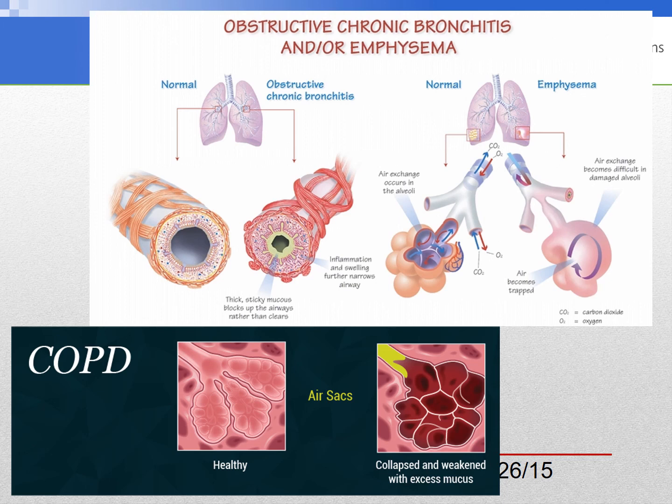This is the normal alveoli where air exchange occurs, and over here the damaged alveoli, where the air becomes trapped, making it difficult for the patient to breathe. Down here you've got healthy air sacs, whereas on this side you've got the collapsed and weakened air sacs with excess mucus, showing you what occurs during COPD.